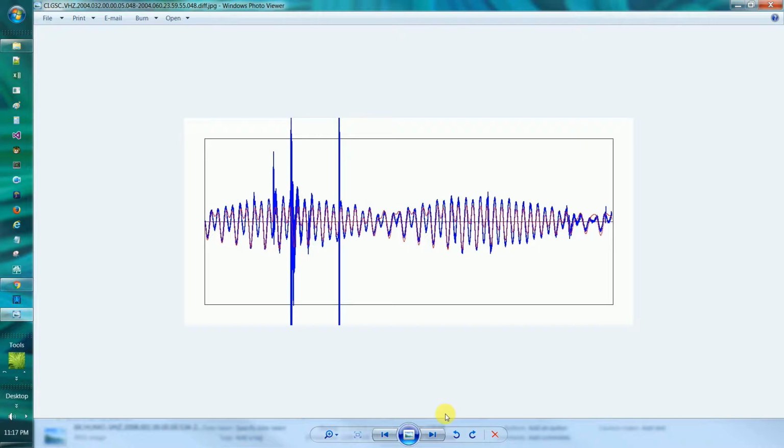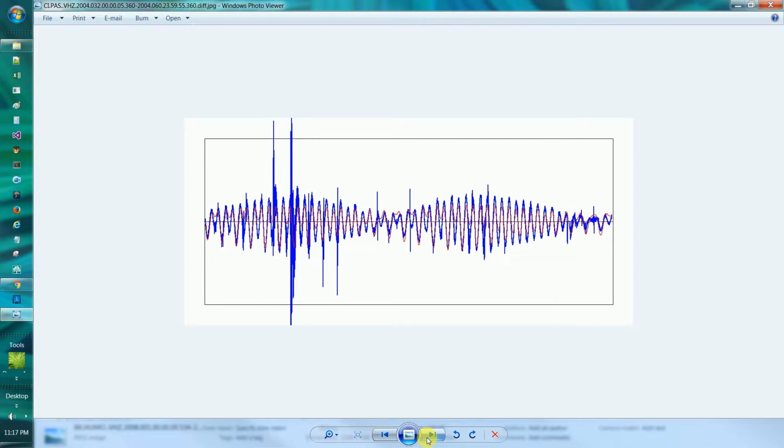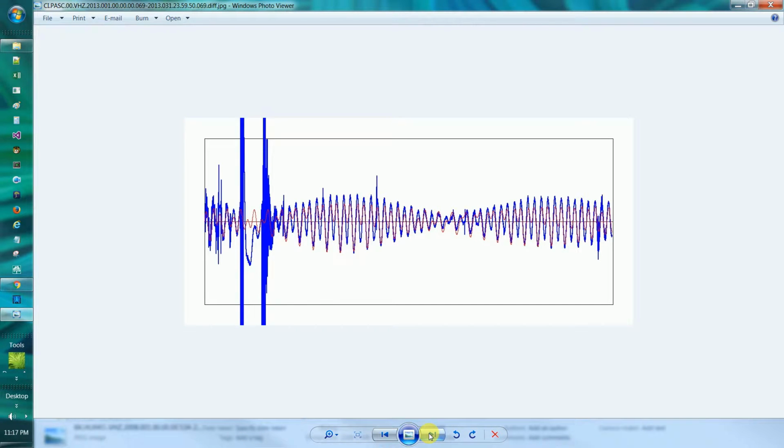And while these aren't really great fits, it's actually kind of amazing that you can do this at all, considering that the seismometers weren't supposed to do that.